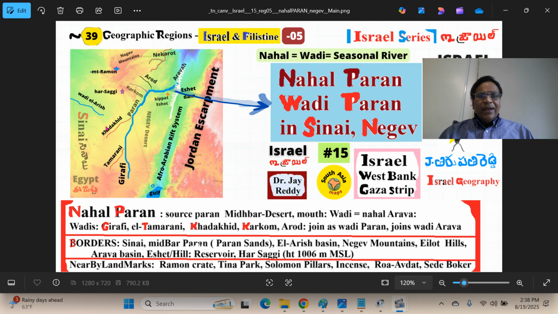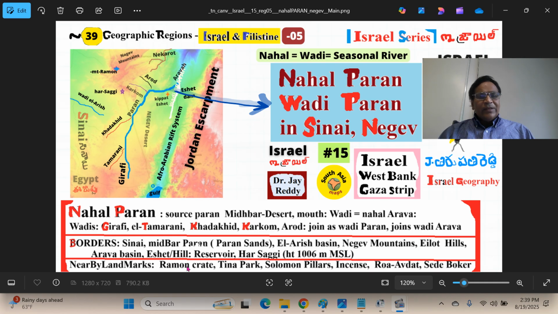This is the El Arish Wadi that goes in the northern part of the Sinai Peninsula, the El Arish Basin, and these are the Negev mountains and uplands. The southern part is the Eilat Hills and Arava Wadi and Basin, and there is the Eshet Hills Reservoir close to Paran town, and there is a mountain also in this region, Har Sagi.